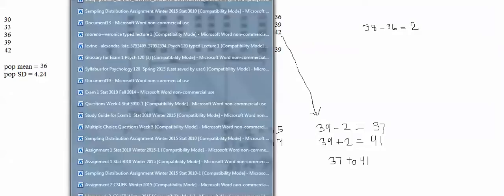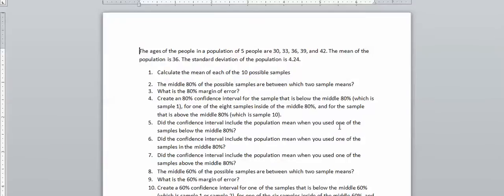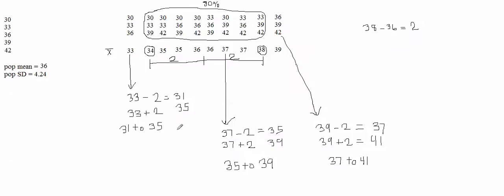So this answers 3 of the questions. Well, no, this answers question 4 because these were the 3 80% confidence intervals that I asked for in question 4. I would want to label them somehow. I would want to label these to remember that they're 80% confidence intervals.